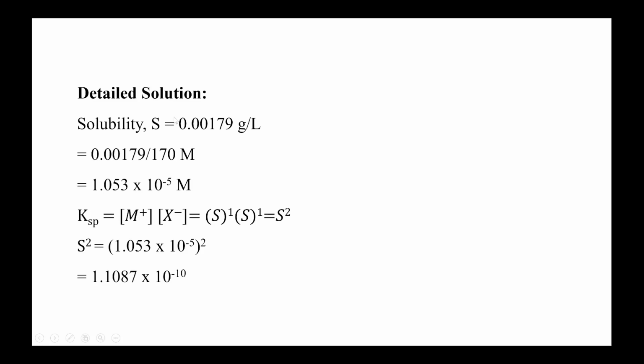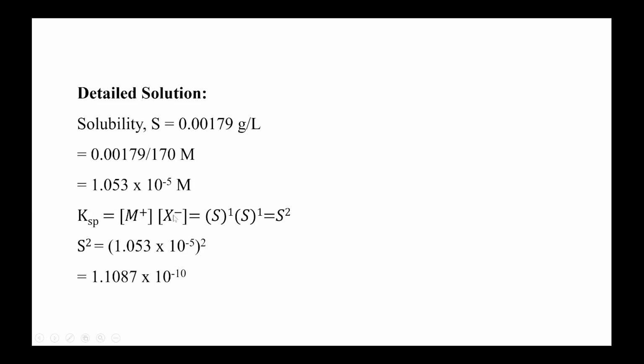So the solubility is given as 0.00179 grams per liter. First you have to convert it into molarity. For that, as I've told you, divide by the molecular weight. Molecular weight is given as 170. So the molarity comes as 1.053 into 10 raised to the power of minus 5. Now the solubility product for this salt MX will be defined as the concentration of M plus multiplied by the concentration of X minus ions.